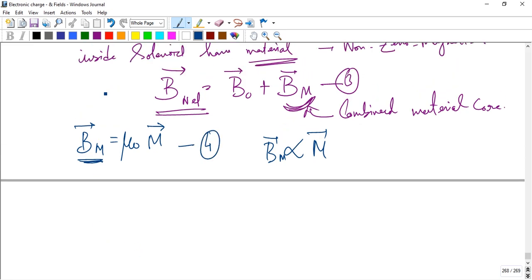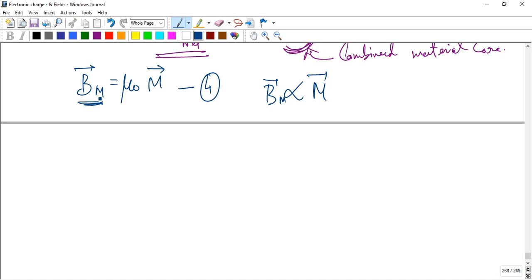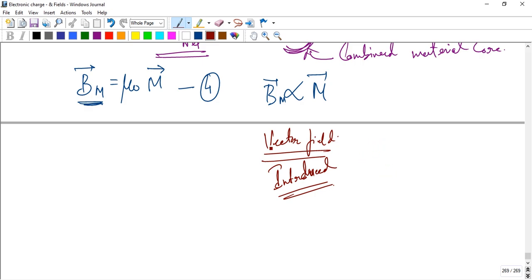Now we introduce another vector field. This is called magnetic intensity, and it is very important. It is represented by H, and it is also a vector field.